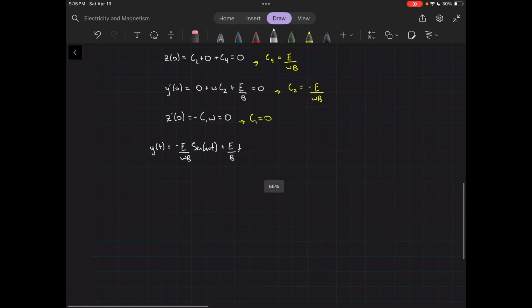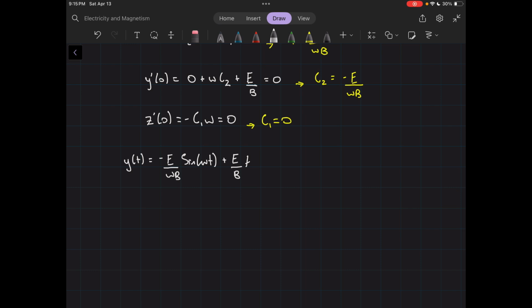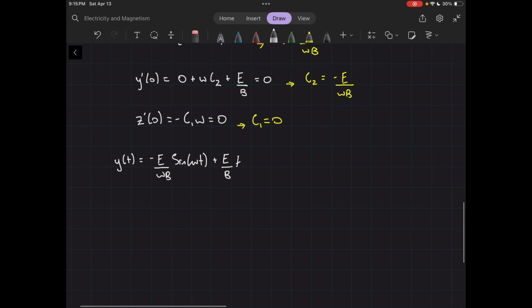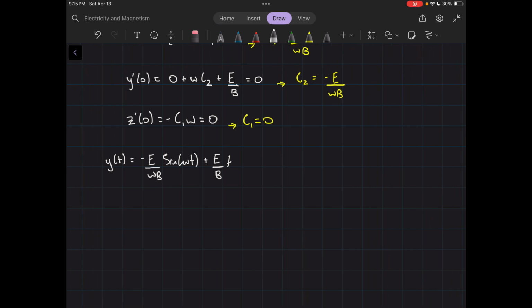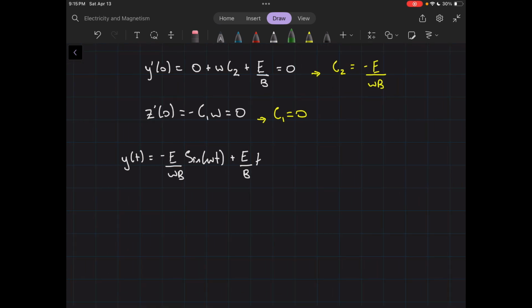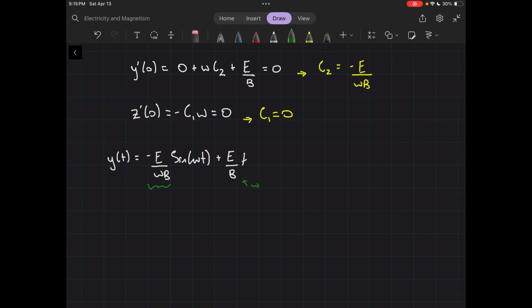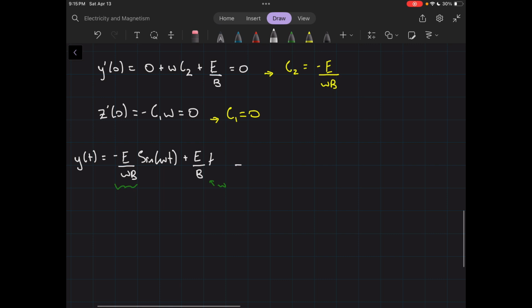We want to put everything in terms of omega t, so I'm going to factor out this term, the E over omega B, and then multiply this term by omega, and that'll keep everything the same. So that would then become E over omega B times omega t minus sine of omega t.